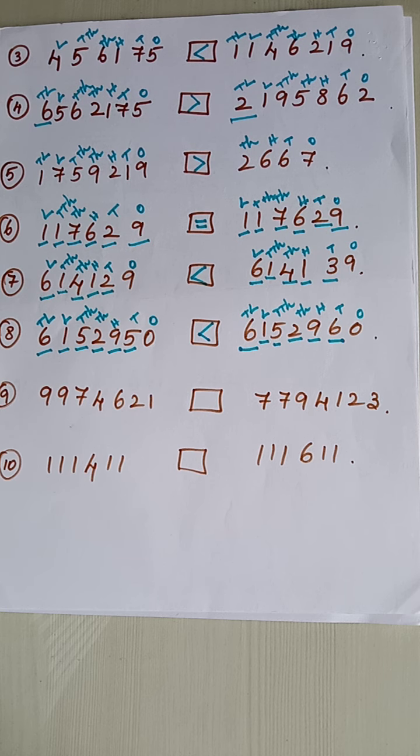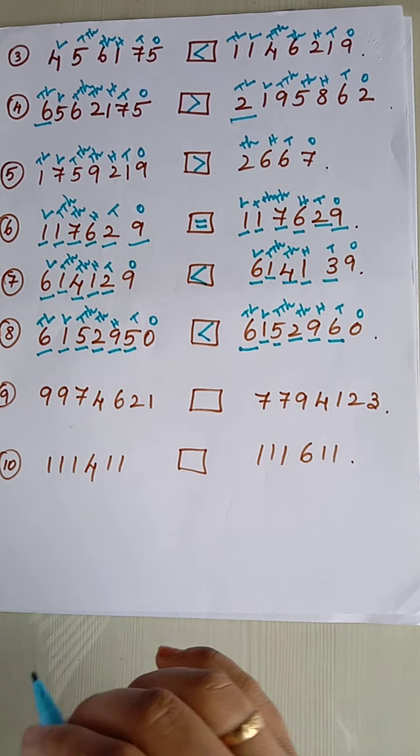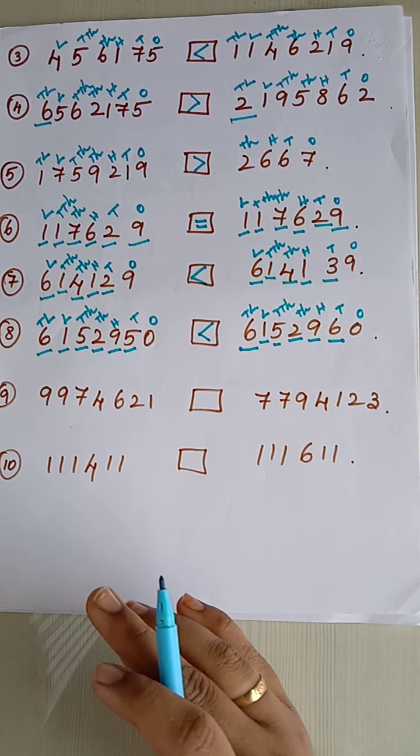Clear, students? Can you understand how we have to do the sums by using the biggest, the greatest, the largest number? Yes, okay, we have to do the sums by the rules given in this comparison of numbers. Now the next question, that is the 9th question. Here we have to write the place value chart first.